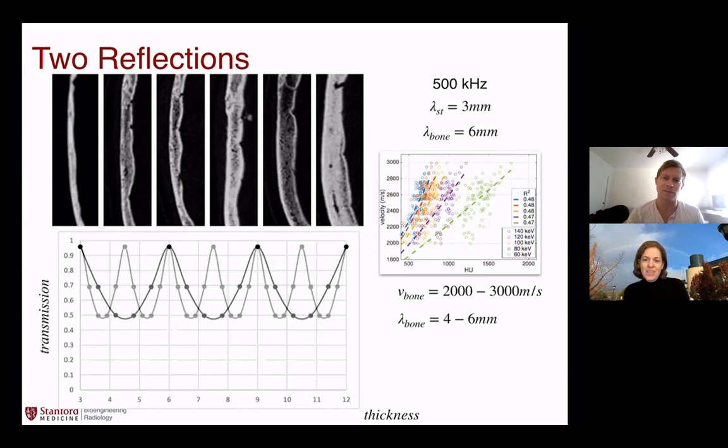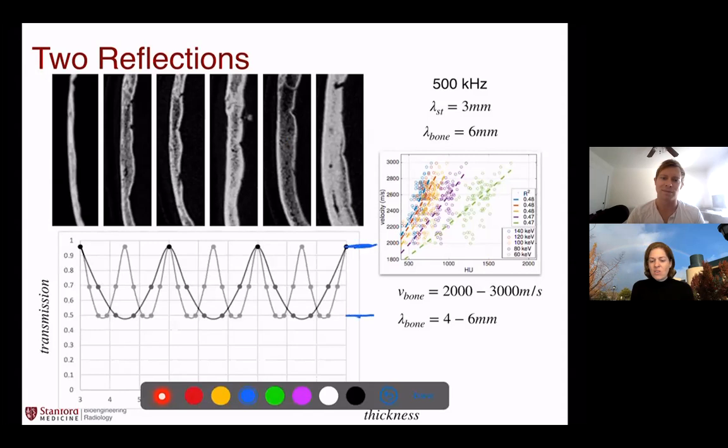But if you just take a T1 weighted picture and say the skull thickness is 8 millimeters, you can't really tell what to do with that number. Unless you have more information about whether it's cortical bone or trabecular bone, you just don't know whether you're going to get a lot of transmission or quite a bit of reduction in transmission.